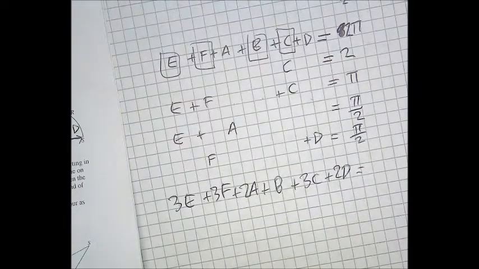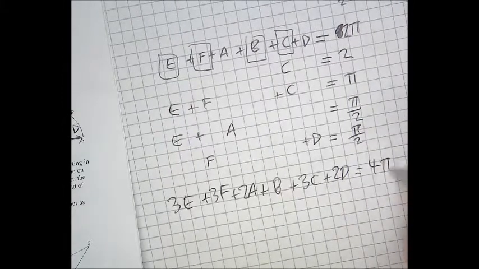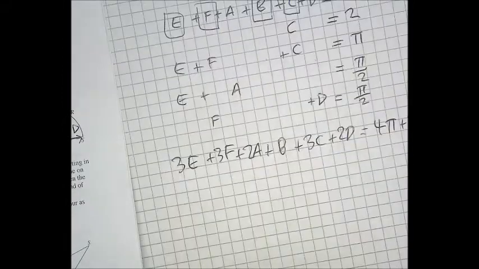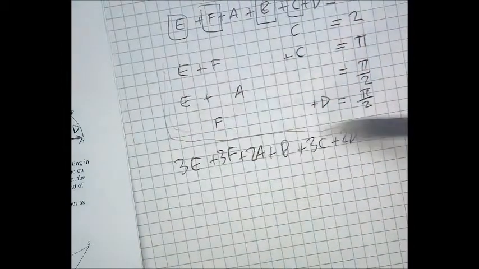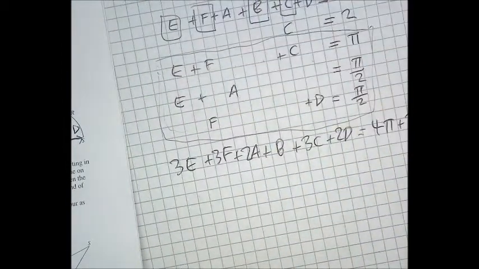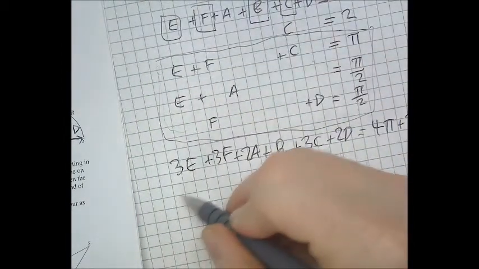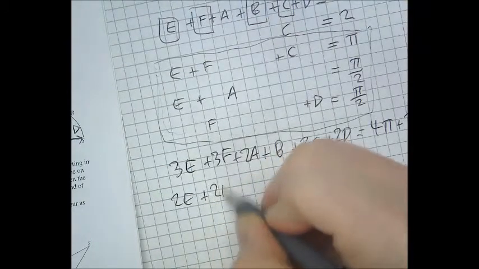Anything else we can work out? Why not just add these guys? 2E plus 2F plus A plus C plus D. What's that? That's 2 pi.